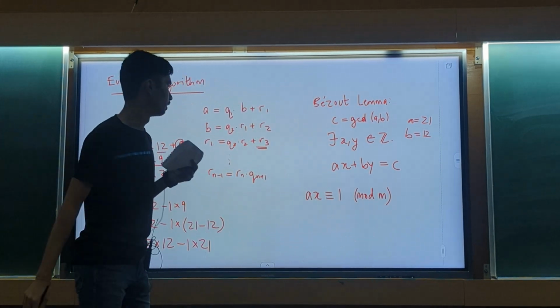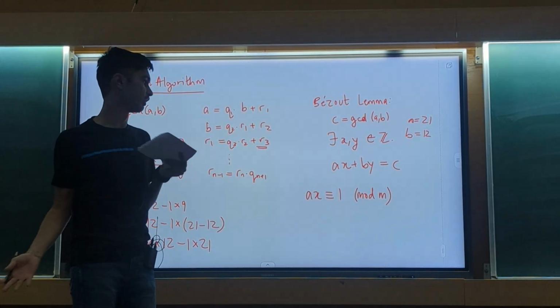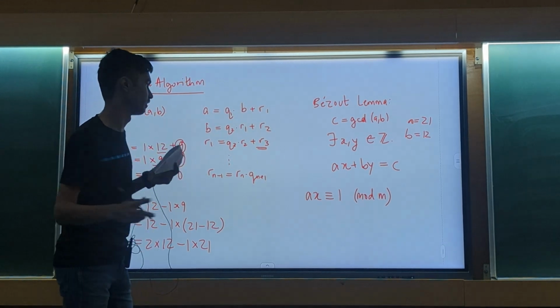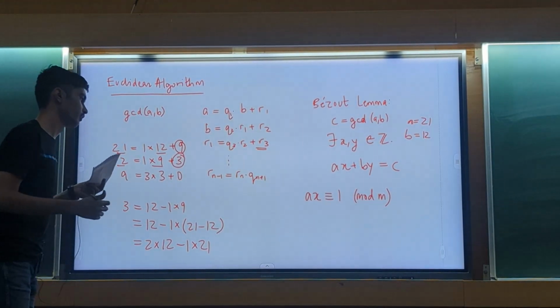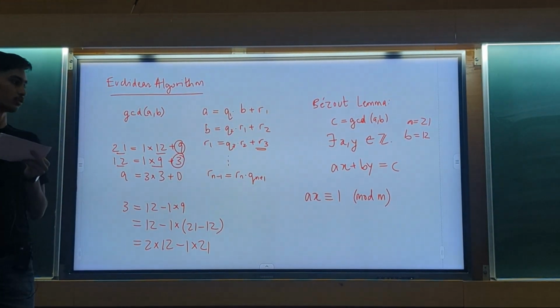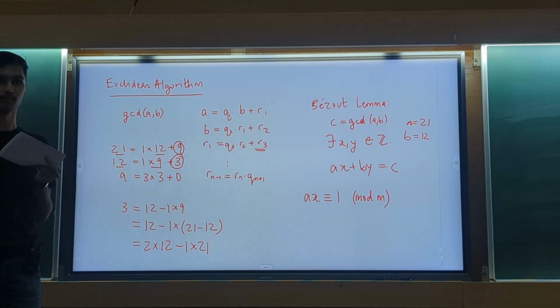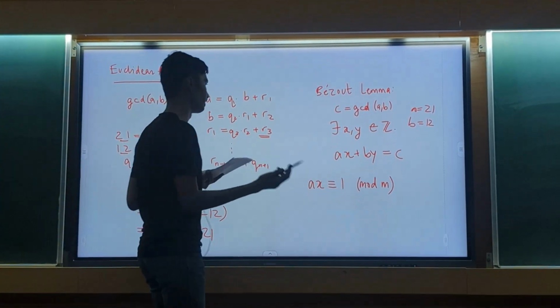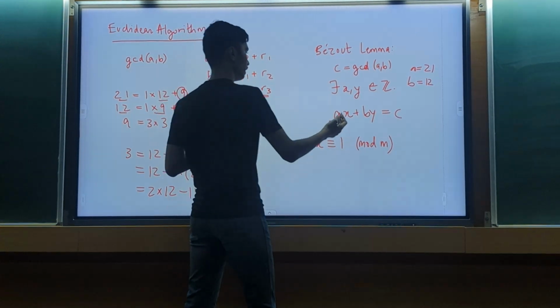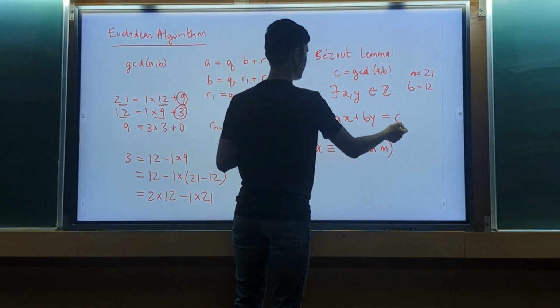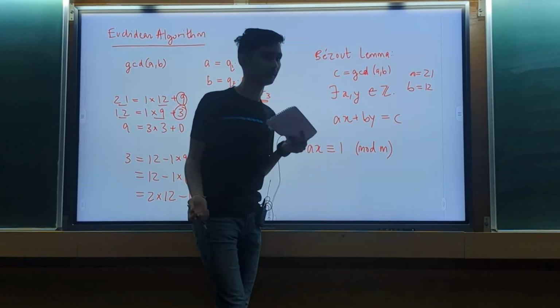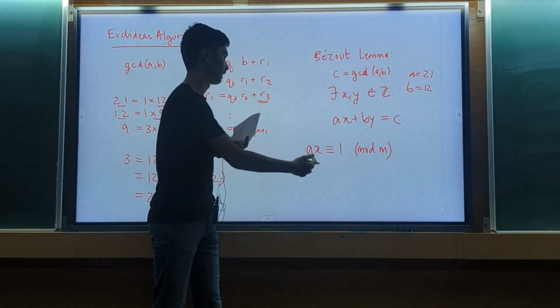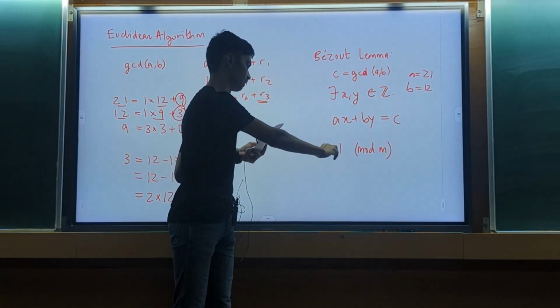Now we can do two things with this. One, we claim that the modular inverse of a mod n exists only when a and n are co-prime, because if they are not co-prime, then the GCD c would not be 1. It would be greater than 1, and then we won't be able to get the 1 over here.